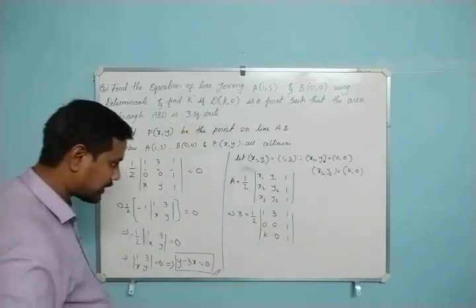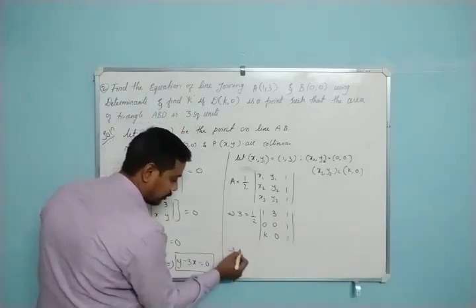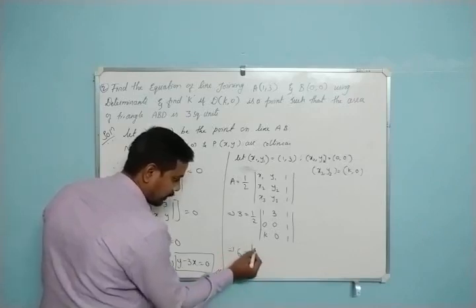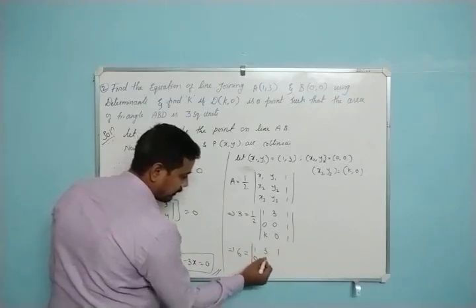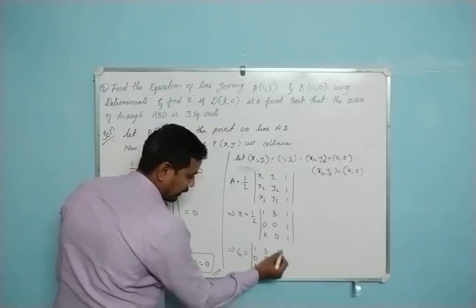I hope you got this one. So I bring 2 on this side, so this will be 6 equal to the determinant 1 3 1, 0 0 1, k 0 1.